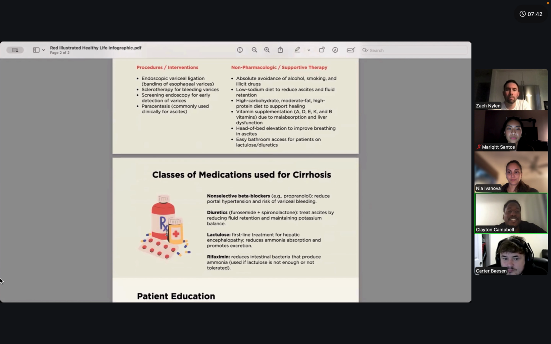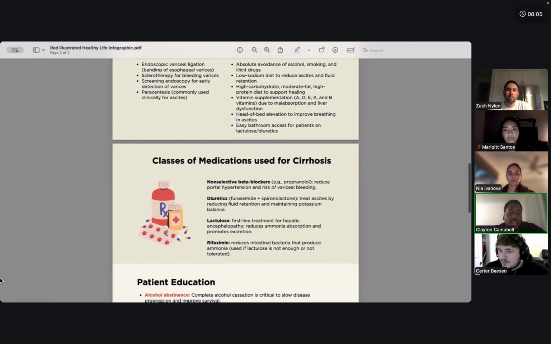For the medications, you're going to want to do a non-selective beta blocker, propranolol, to reduce portal hypertension and risk of variceal bleeding. Diuretics, so a combination of furosemide and spironolactone, to treat ascites and reduce fluid retention and maintain potassium balance.